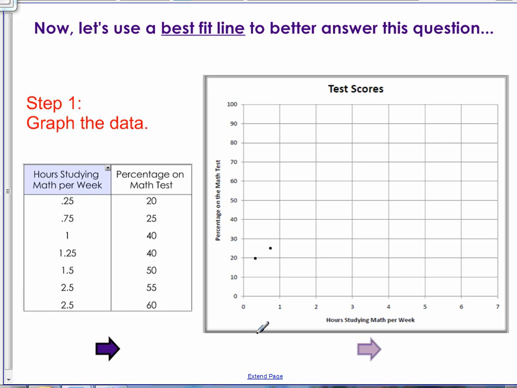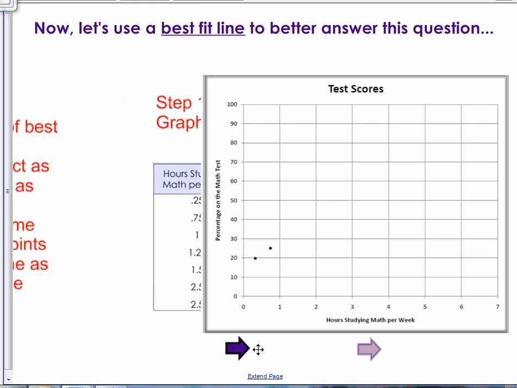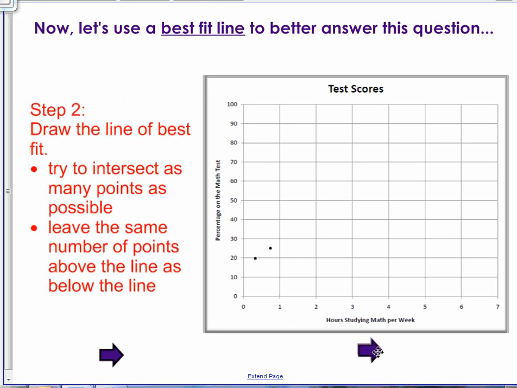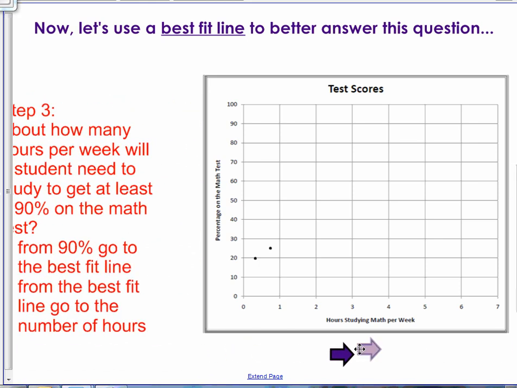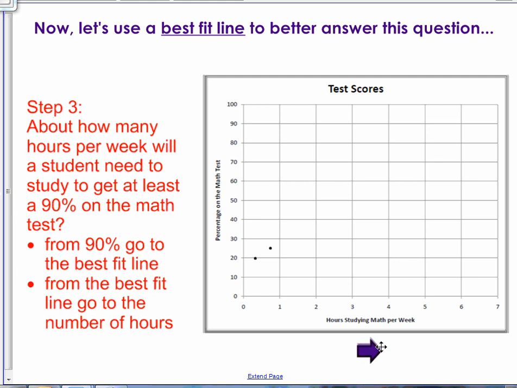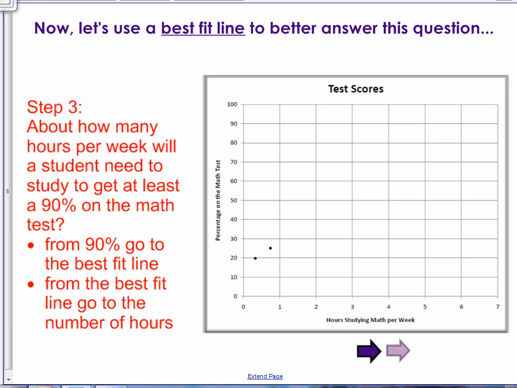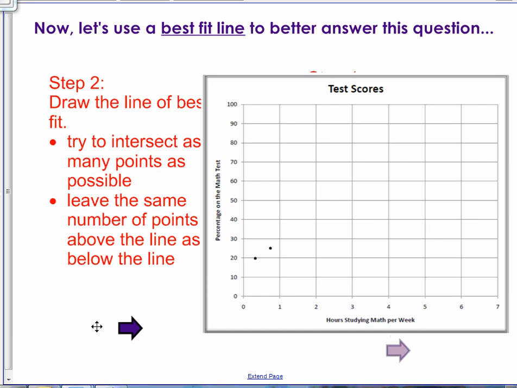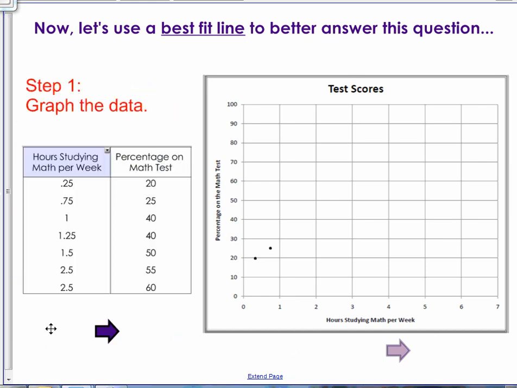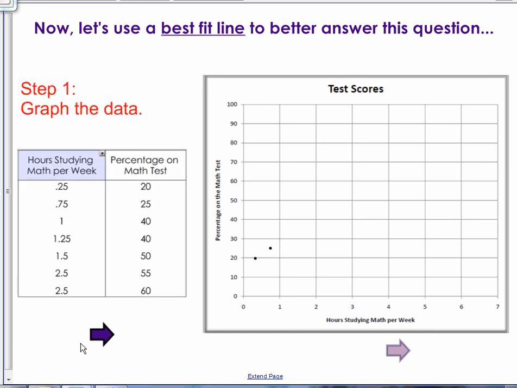You would go through and plot all those points. I don't have the graph made, sorry, I thought I had it already. We can just do it together now.